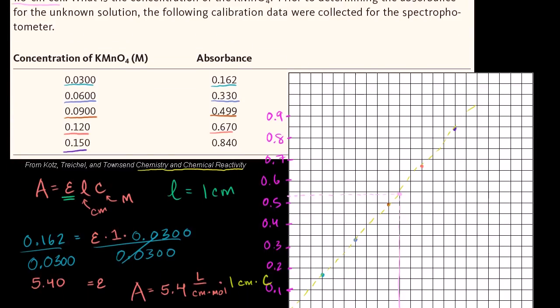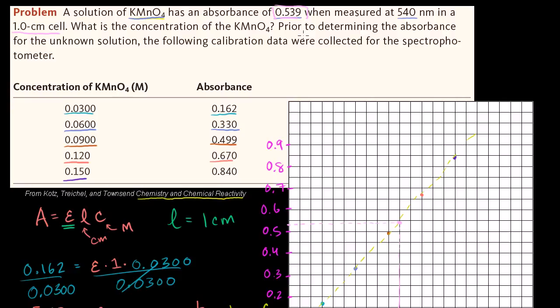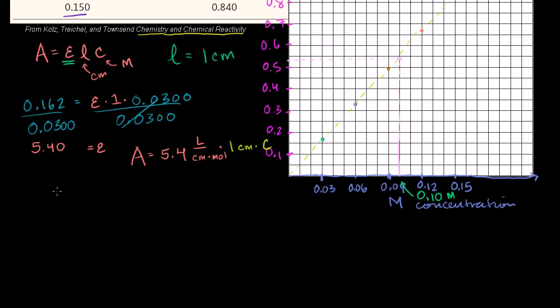Now, in our example, they told us the absorbance was 0.539. That's going to be equal to 5.4 liters per centimeter mole, times 1 centimeter times our concentration.